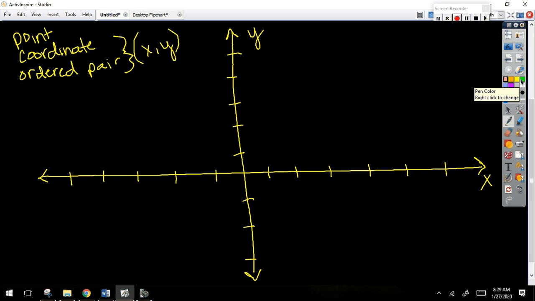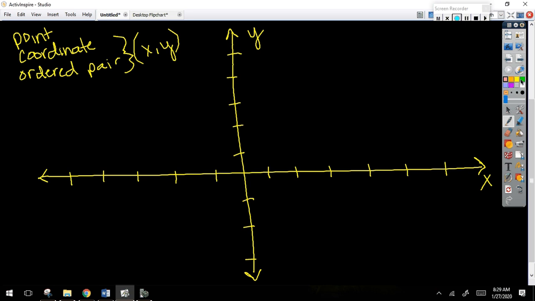Let me get a volunteer. I need 4 volunteers actually. 1, 2, 3, 4. Ariana, plot the point. You're each going to plot one in a different coordinate, and you can use that pen.